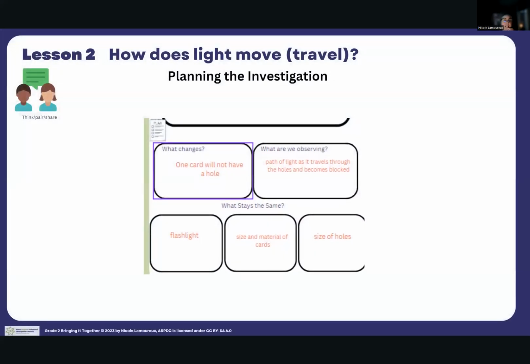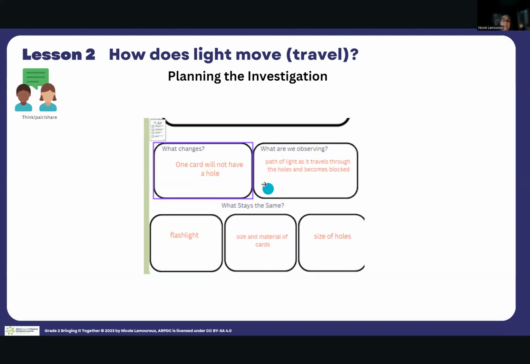So let's plan this investigation. They have to know, in the knowledge statement, it talks about how investigations that are repeated get the same results. Well, this is a fair test. So what stays the same? The flashlight, the size of the material and cards, and the size of the holes.